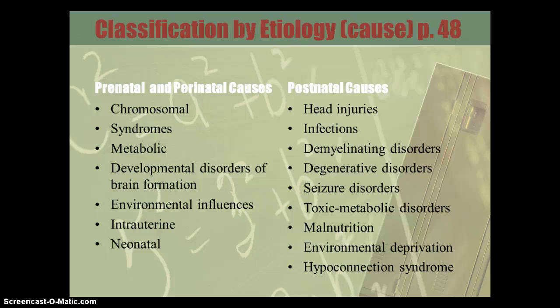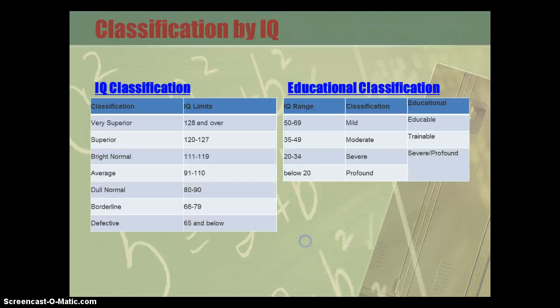Degenerative diseases, where any part of your body begins to deteriorate, including your brain. Seizure disorders. Toxic metabolic disorders, where you, for instance, ingest lead and the lead is not metabolized by your body and builds up in your brain. Malnutrition, environmental deprivation. Hypoconnection syndrome has to do with how your nerve endings are connected.